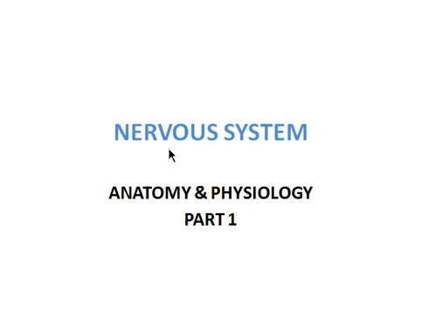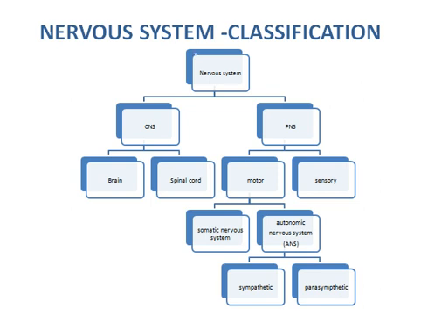So this is the first part, nervous system, anatomy and physiology, first part. Nervous system classifications. You can see nervous system classification like different branches, but here we'll go by step.